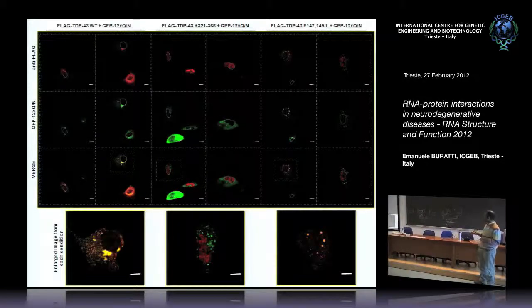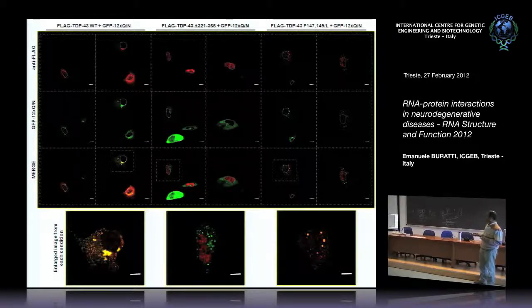And what is more interesting is that if you transfect a TDP-43 protein that lacks the 342-366 region, then of course the recruitment of this protein does not occur anymore.